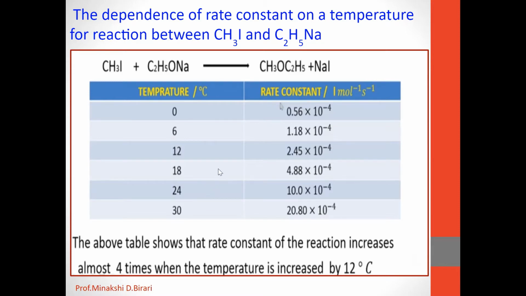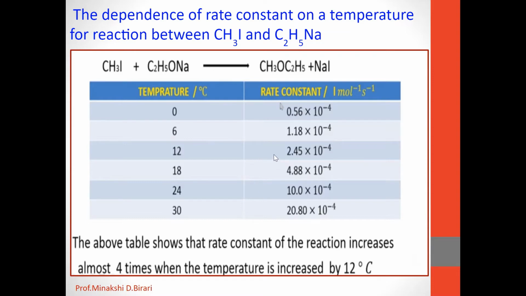So it shows that the rate constant of the reaction increases almost 4 times when the temperature is raised by 10 degrees Celsius. Here for 0 degrees Celsius there is a very small value, 0.56 into 10 raised to minus 4. Then for 12 degrees Celsius it is 2.45 into 10 raised to minus 4. Again at 24 degrees Celsius it becomes 10 into 10 raised to minus 4.